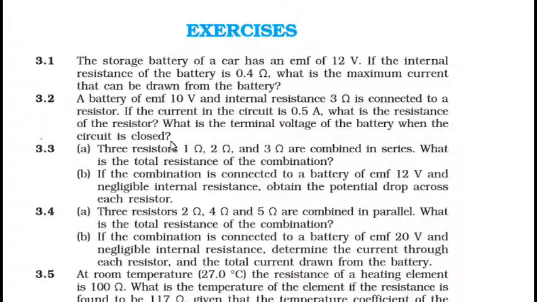So let us move to question number 3.3a. Three resistors of 1 ohm, 2 ohm and 3 ohm are combined in series. What is the total resistance of the combination?